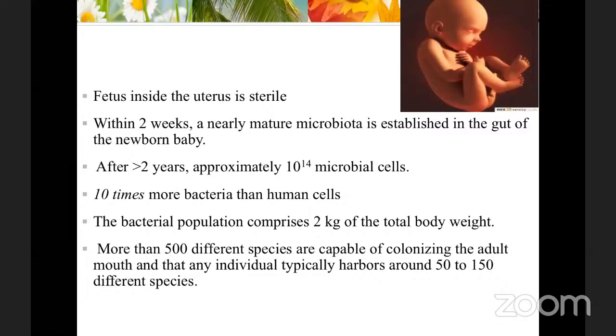But when it passes through the birth canal, it acquires vaginal and fecal microorganisms. And this was clearly shown by Gibson et al. And within 2 weeks, a nearly mature microbiota is established.